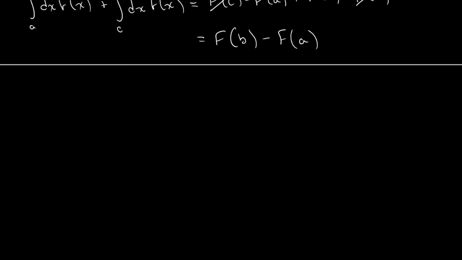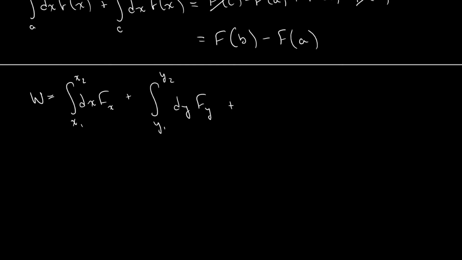So I have that my work is equal to the integral dx, from x1 to x2, times the piece of the force in the x direction, plus the integral from y1 to y2 of dy fy, plus the integral from z1 to z2 of dz fz.